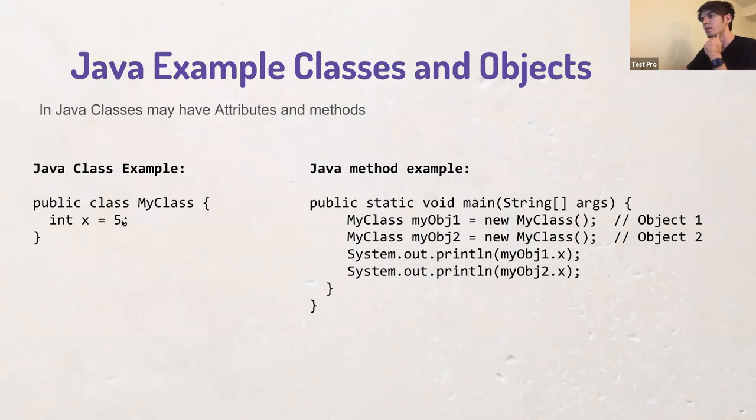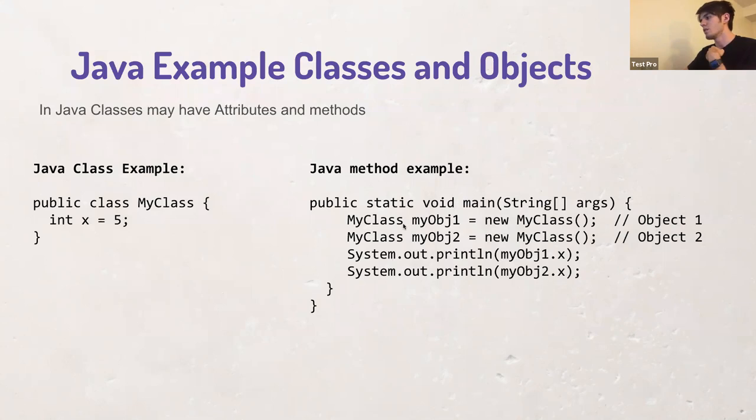Classes may also have methods. A method is basically a small function within the class, and each of them performs some kind of action. And as you can see here, this is the way you instantiate an object.